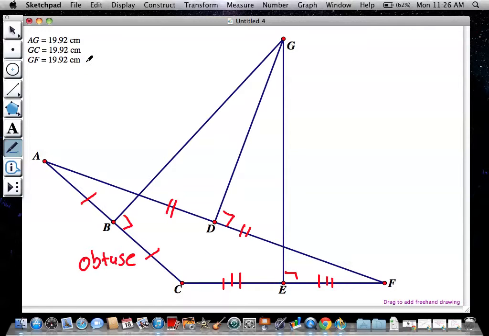C to G, 19.92. F to G, 19.92. So the theorem holds true that the circumcenter, G here, is the same distance from all three vertices. And we find the circumcenter by drawing the perpendicular bisector to the sides.